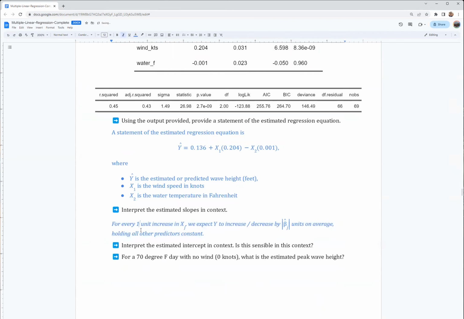And we'll say for every 1 unit increase in xj, we expect y to increase or decrease by this, holding all other predictors constant. Okay, so let's make it specific for this problem. Let's do the first one, x1.